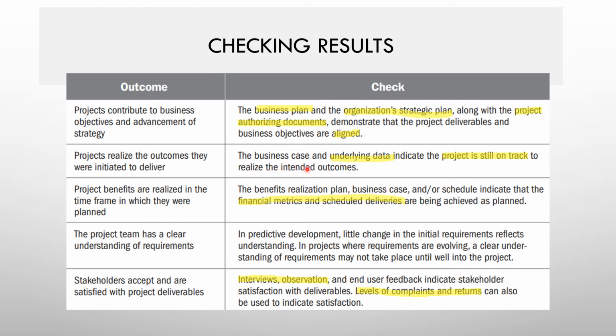The business case and underlying data indicate that the project is still on track to realize the intended outcomes, right? So you need to produce the data in terms of performance measures and stakeholder communication reports, showing that whatever the business objectives and outcomes are, you need to ensure that it's still on track. So every report to strategic leadership should contain this information, right?